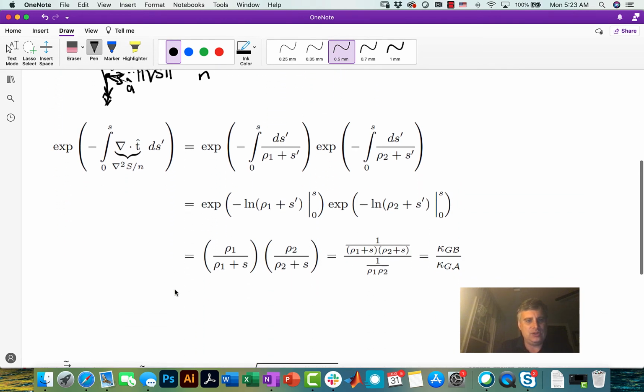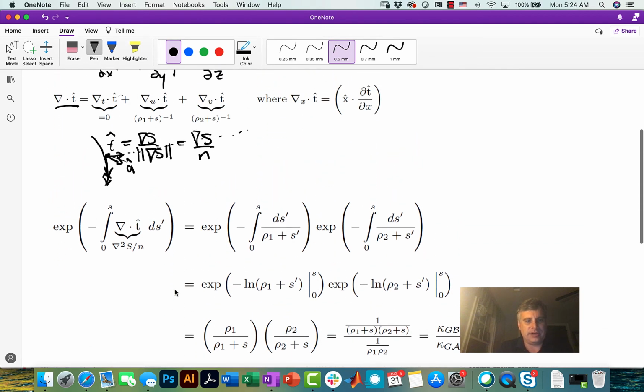Okay, when I do that, here's what I get. The divergence of t is really the divergence of the gradient of the iconal over n. And of course, we know this to be the Laplacian.